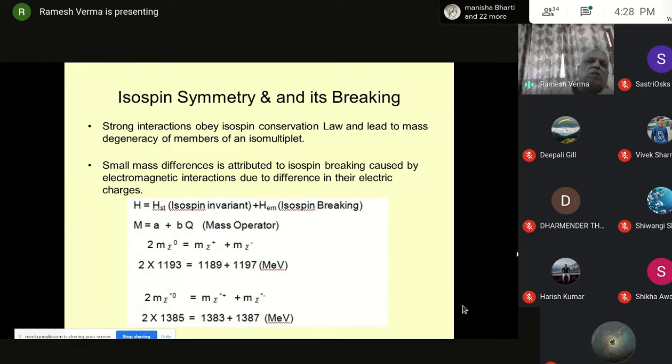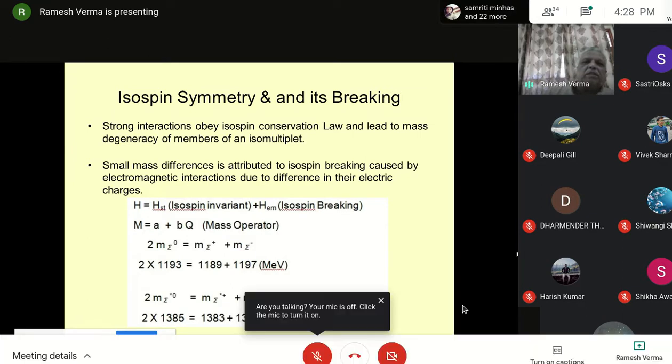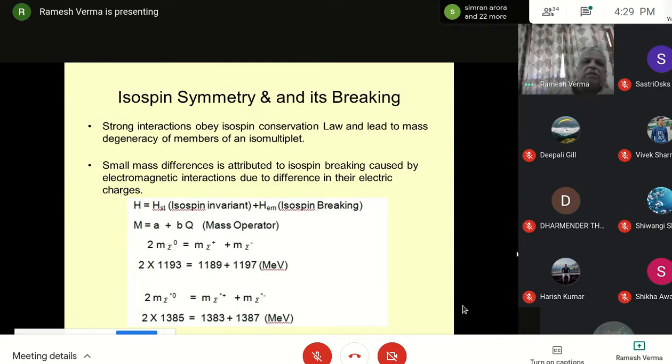So in that way, strong interaction will give equal mass contribution to all the members of an isomultiplet. So the small mass difference among the members of one fixed isomultiplet is attributed to the isospin breaking part of the Hamiltonian. And it's an interesting thing to have a connection with what we have understood yesterday.